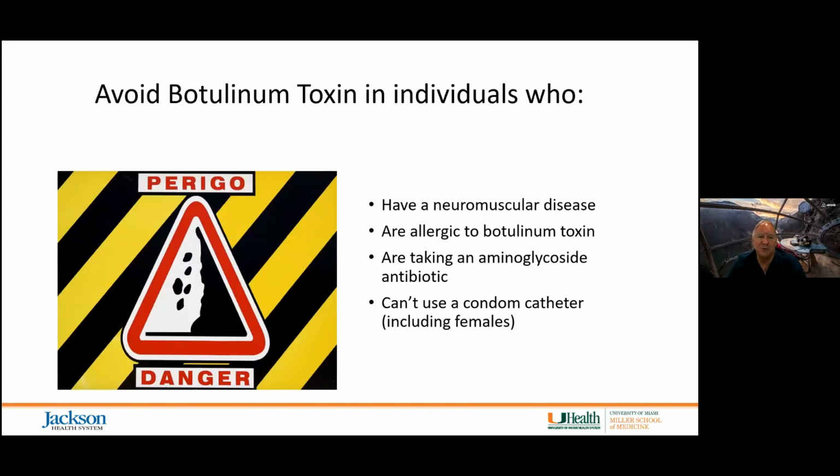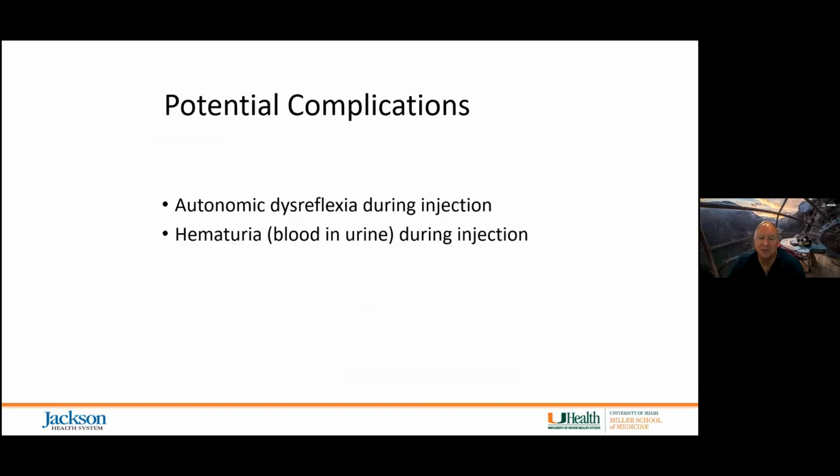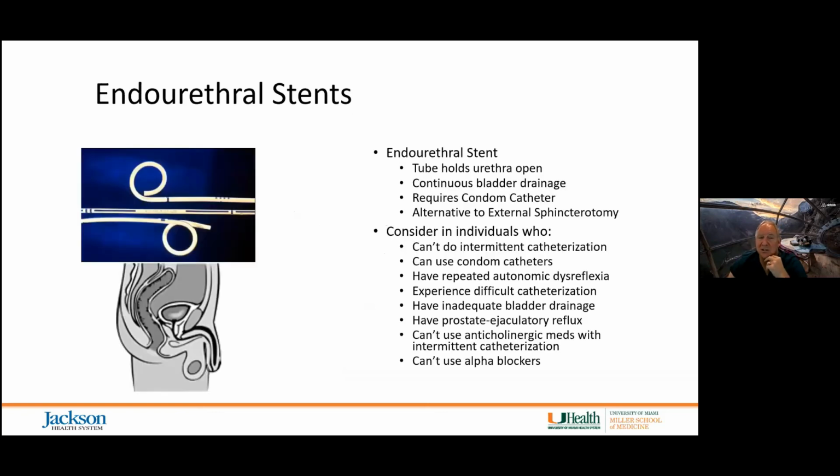So avoid Botox for those who have neuromuscular diseases or who are allergic to Botox, those taking aminoglycoside antibiotics, or can't use a condom catheter. So complications using the Botox injection, you might get autonomic dysreflexia during the injection itself. You might see some hematuria, blood in the urine, in response to the injection.